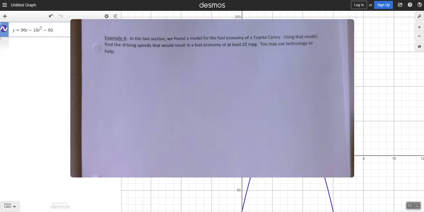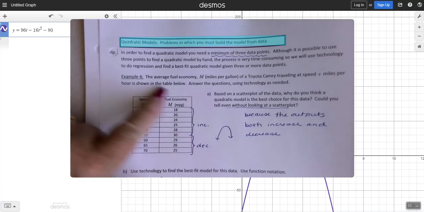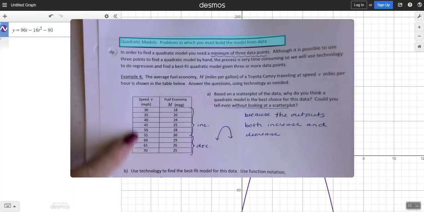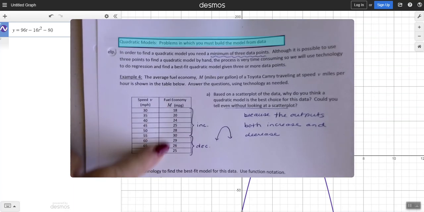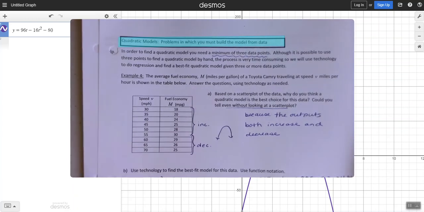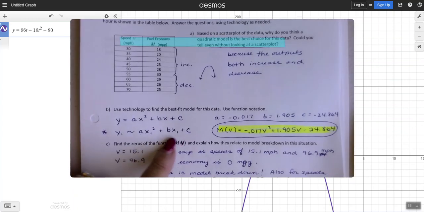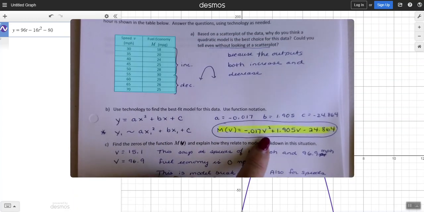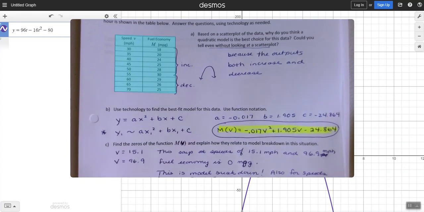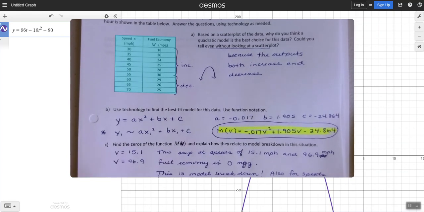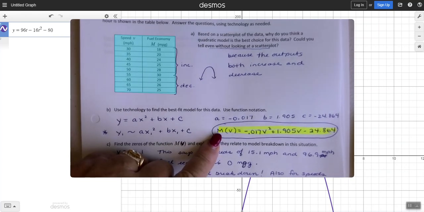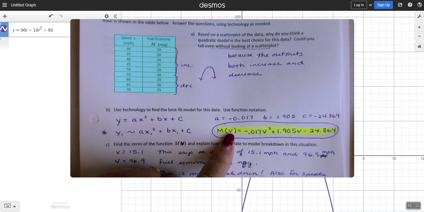So last time, we had started with our data here for various speeds. We had the fuel economy given, and we just used a quadratic regression to come up with that equation, or that function m of v, that gave the mileage or fuel economy for whatever speed you happen to be traveling. So I'm just going to go ahead and write that function down over here so we can use it.